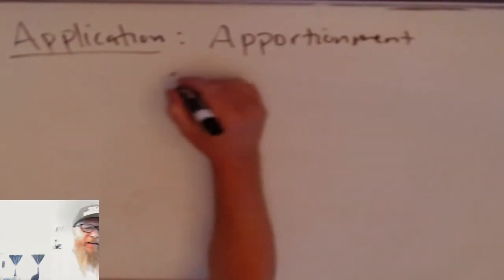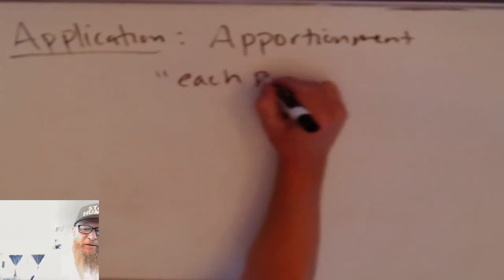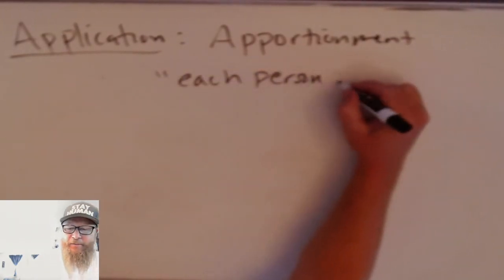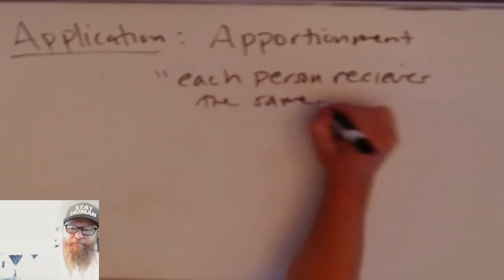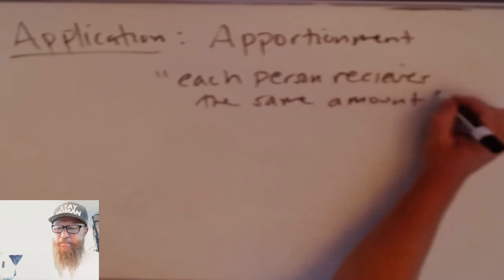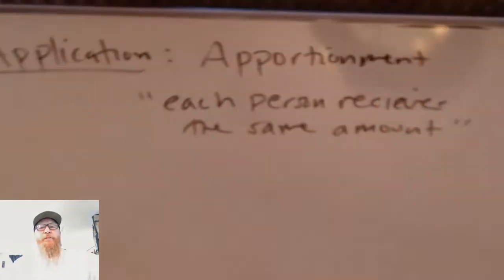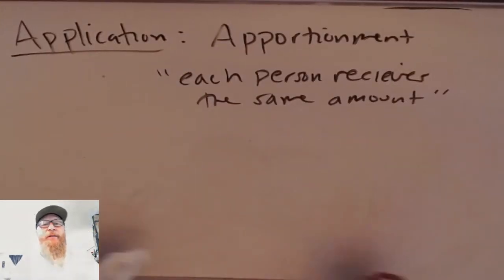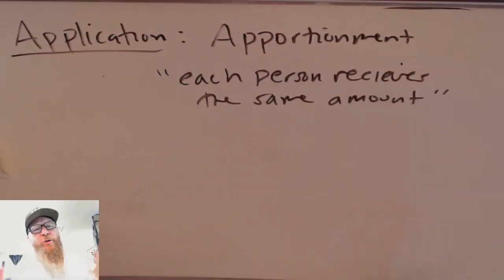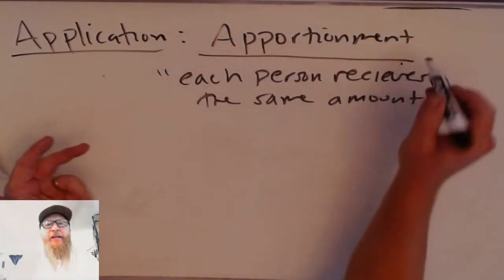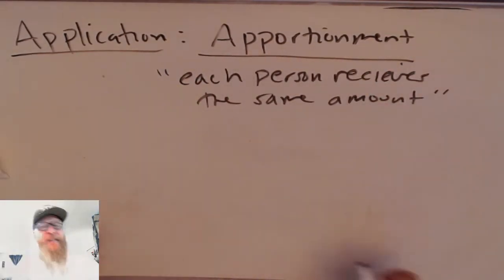In other words, each person receives the same amount. We do have the concept of proportion or proportional that comes in a later chapter. Apportionment is just where you're saying, simple elementary school example.